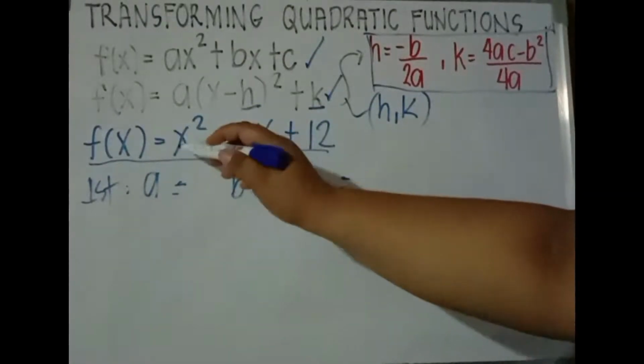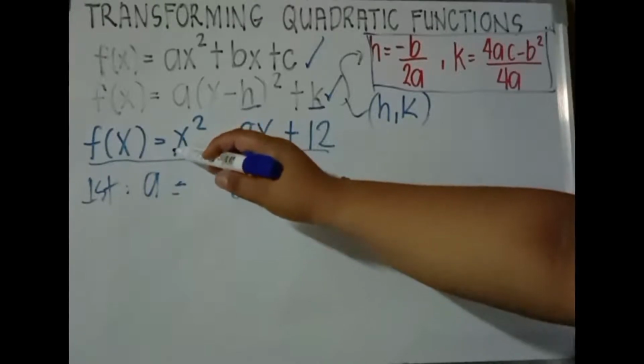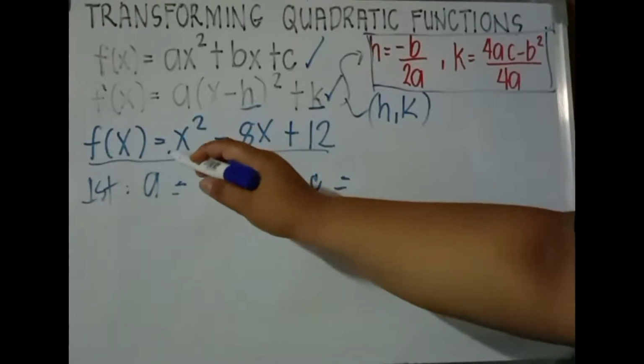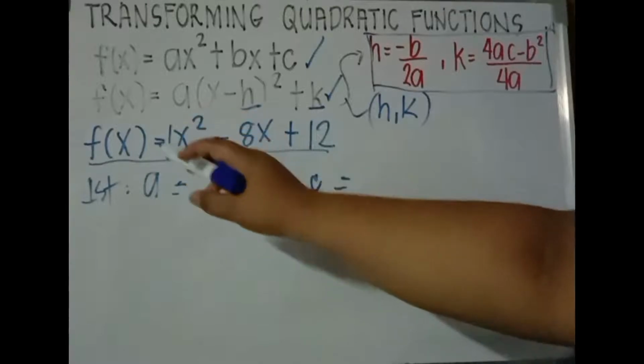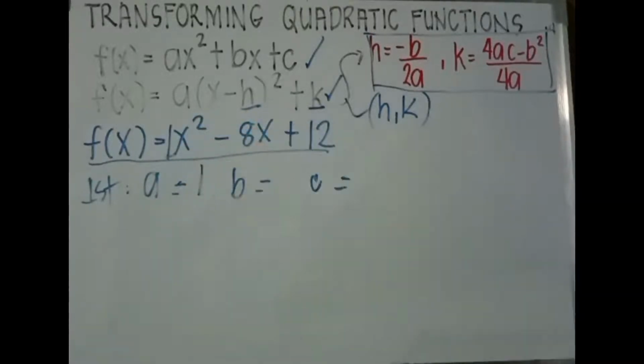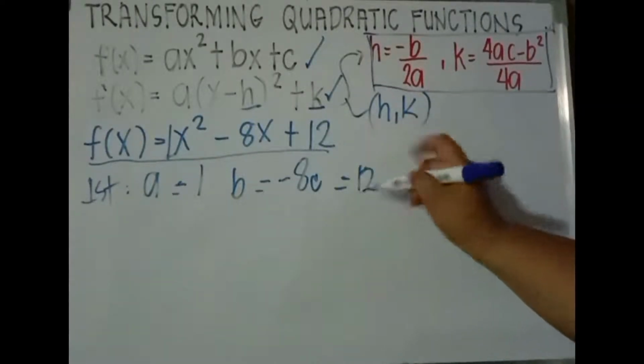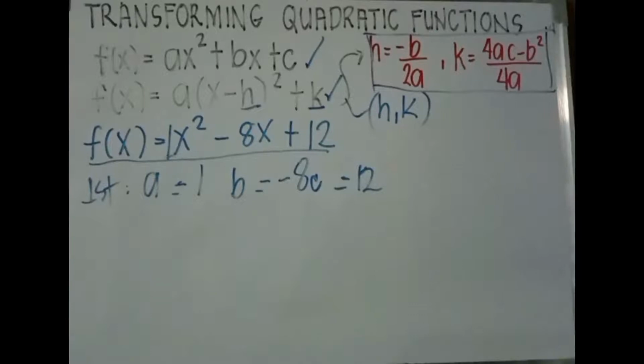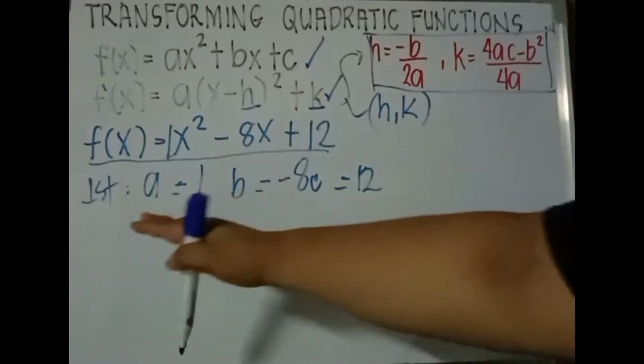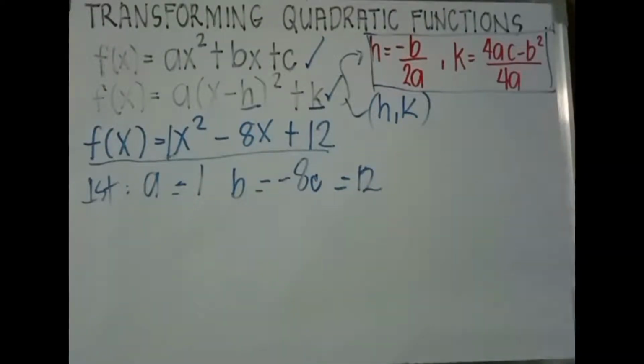Since there is no visible coefficient, there's an invisible 1 there, so your a is 1. Your b is negative 8, and your c, which is the constant, is 12. Your b is the coefficient of the middle term or the second term. Now, we're done with the values of your a, b, and c.